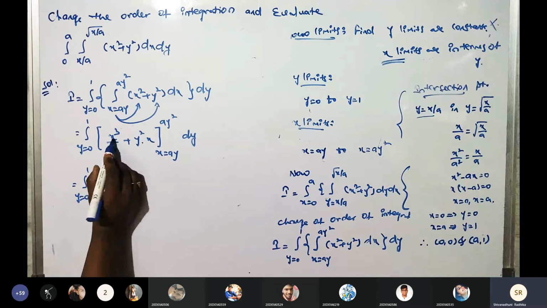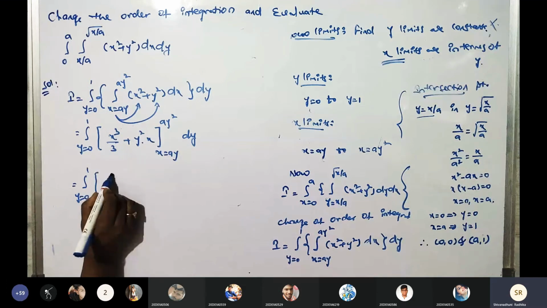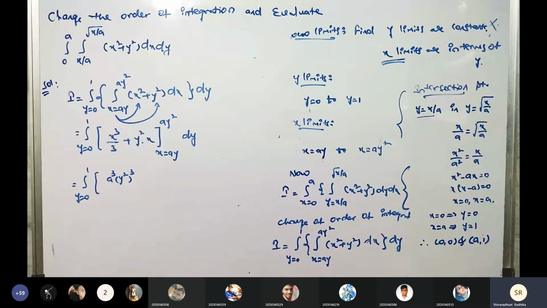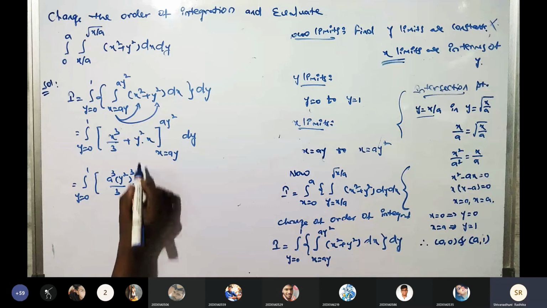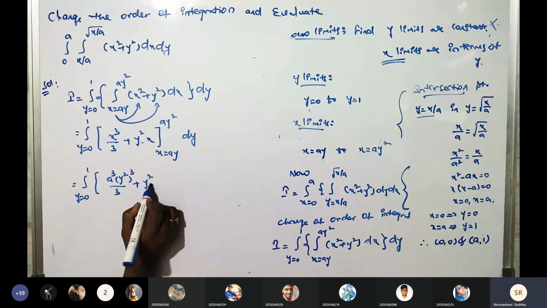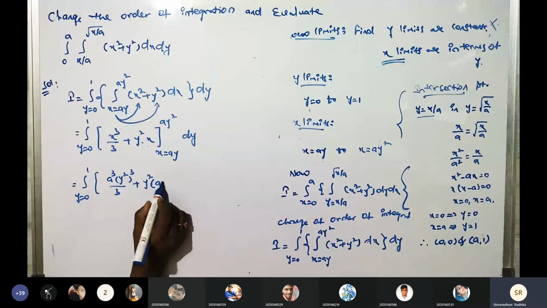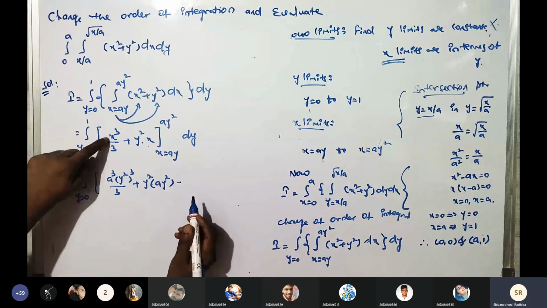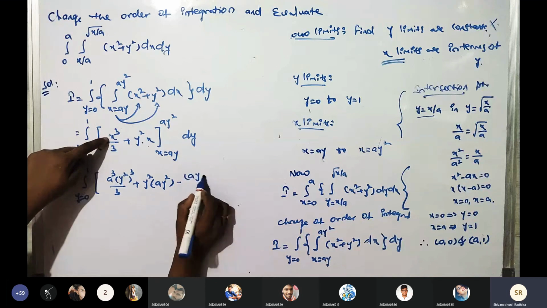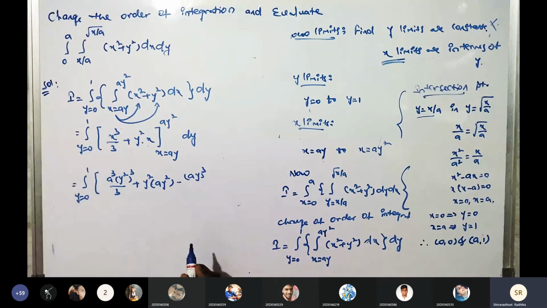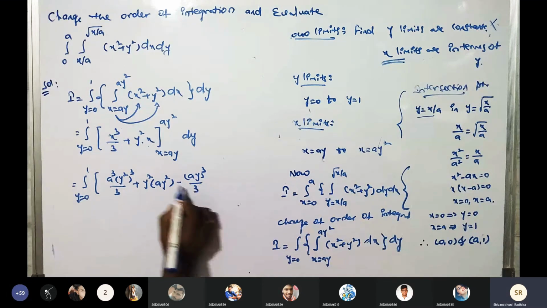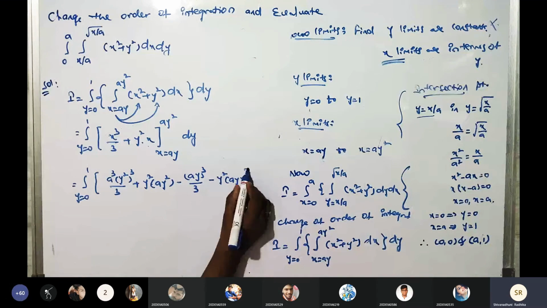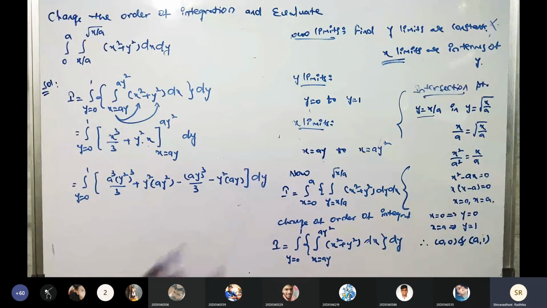Here x cube, x equals square root of y, so square root of y whole cube by 3, plus y square into x equals square root of y, that is y square into square root of y. Minus the lower limit x equals y: y cube by 3, minus y square into y. Clear all of you? Into dy.